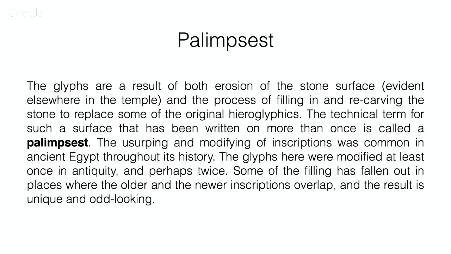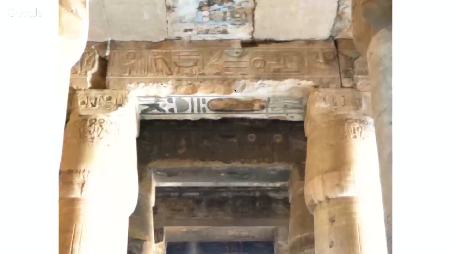So let's go back. So now that you know what a palimpsest is, if you go back and look at it, you can see that both kings' throne names are overlapping each other. So again, remember I said when Seti I was alive, he started the temple, but he didn't complete it. Ramses II comes in and completes the rest of the temple, and in some places he carved over his father's name.